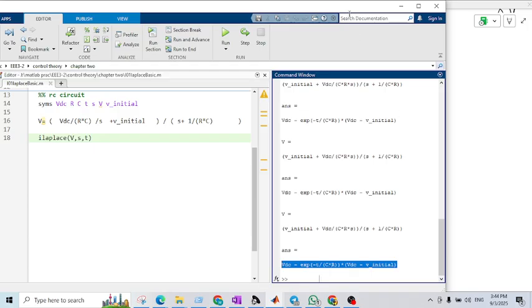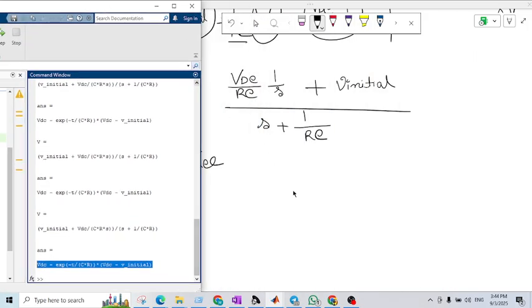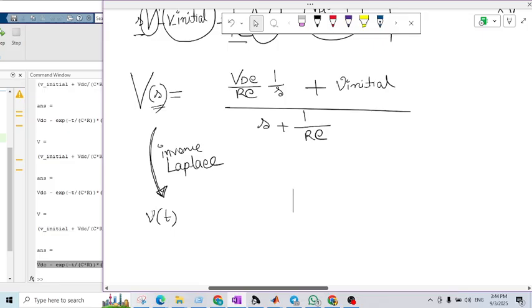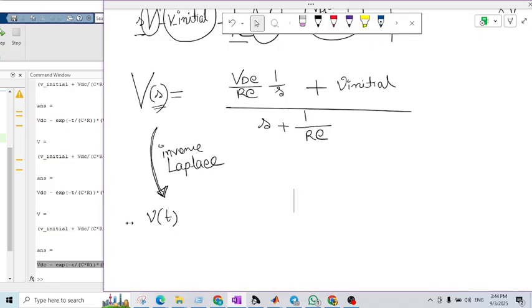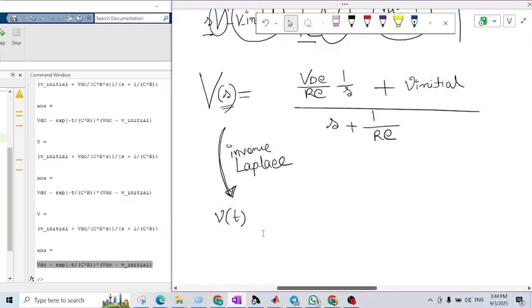So if I write this equation here, you can see V is equal to VDC minus e to the power minus t by RC, times (VDC minus V initial).